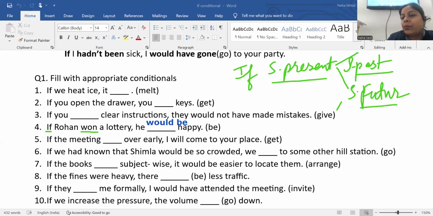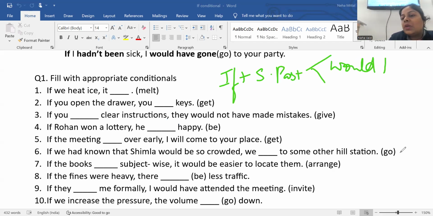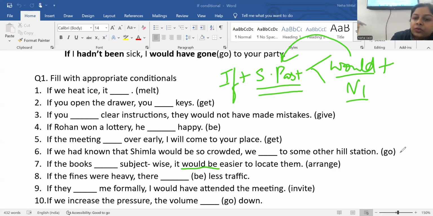The second rule says that when you are given if plus simple past, then you need to fill only would plus V1. When if plus simple past is given, then would plus V1. If would plus V1 is given, then simple past. Suppose here would plus V1 is given, so the complementary is simple past. So you need to fill arranged.